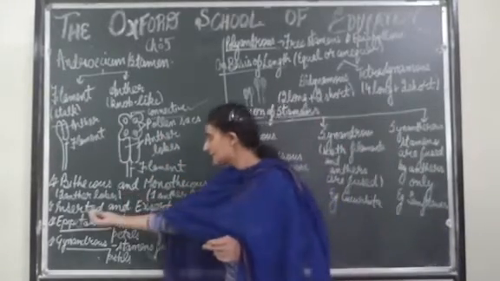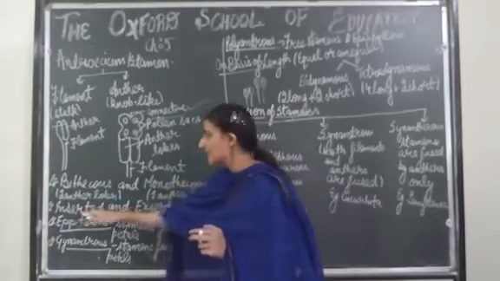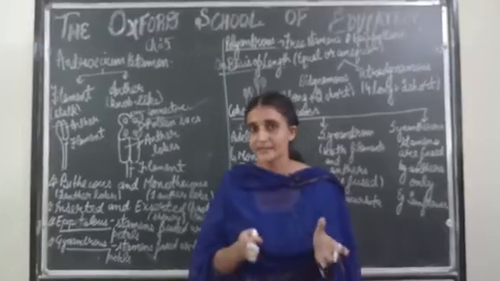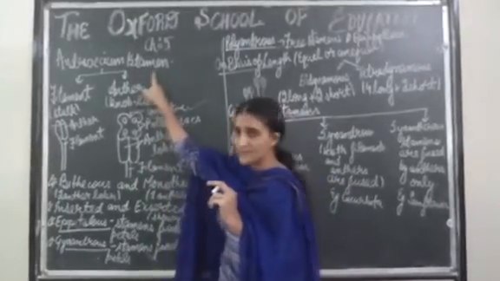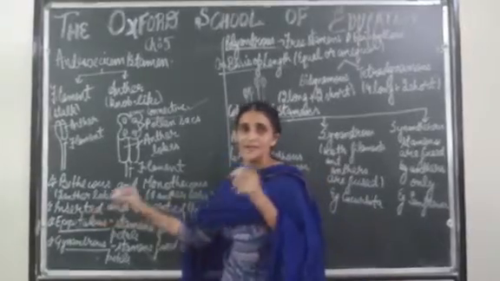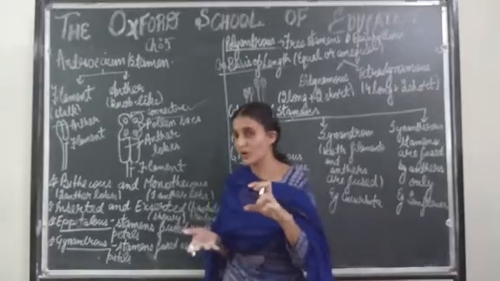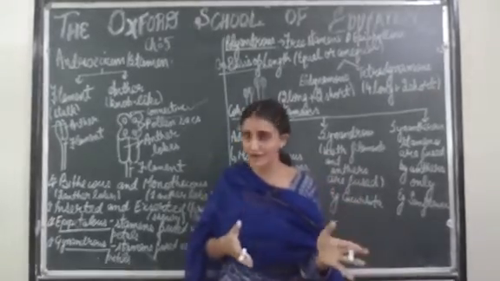Next is inserted and exerted stamens. Inserted means present inside. That means the size of the stamen in comparison with the flower is small. That means stamens are present inside, and their size is small compared to the size of the flower.